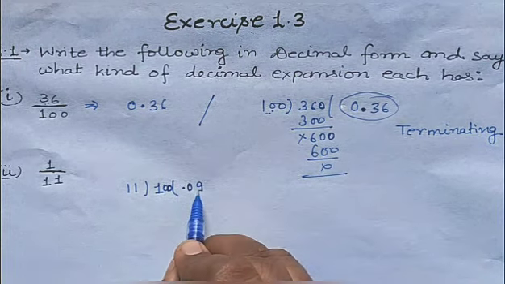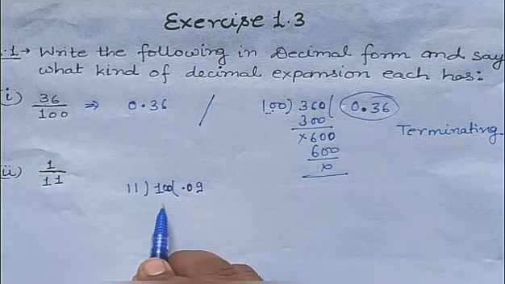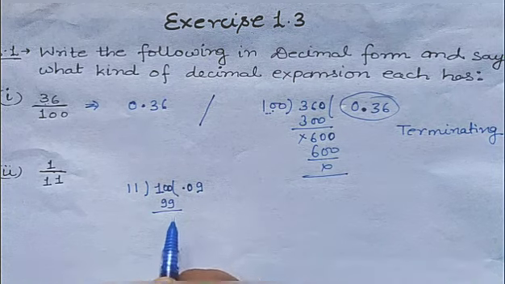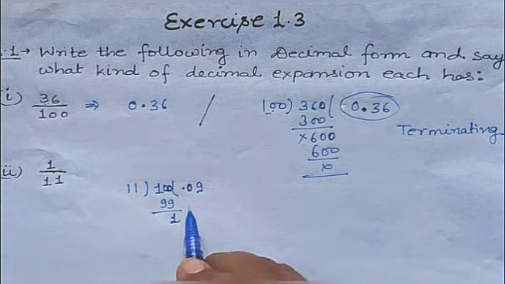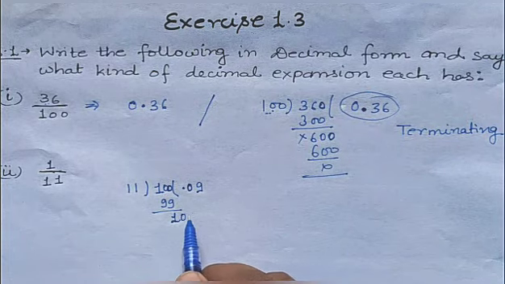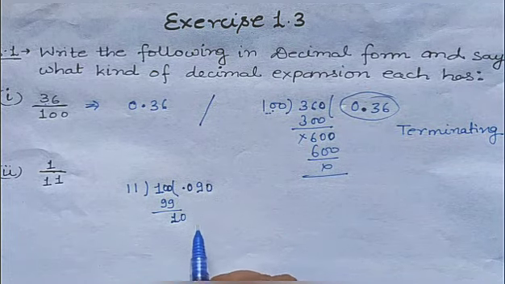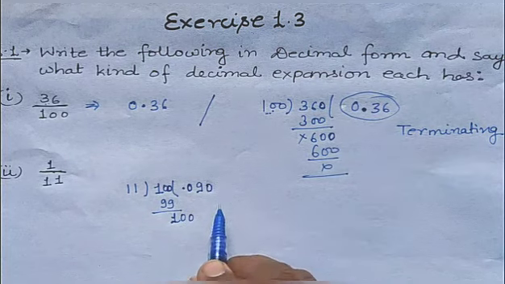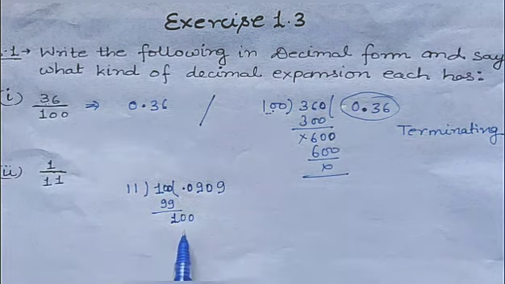So now 11 into 9 is 99, then 1 remains. Again, because of the decimal, add a 0, and it will be again 100, then 9 into 11 is 99, and 1 is left.